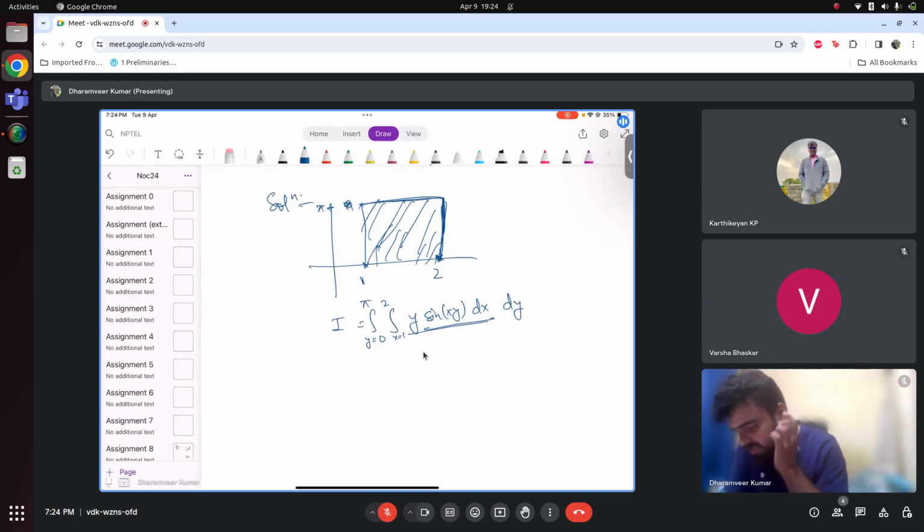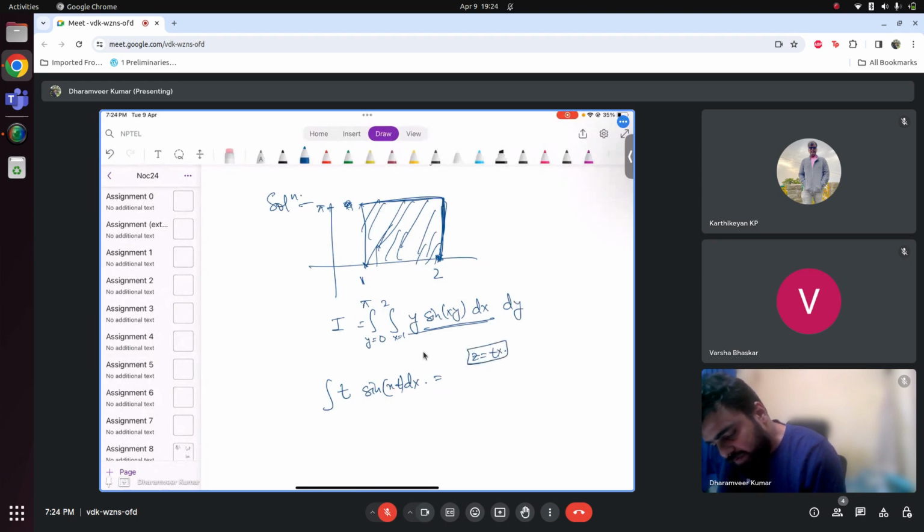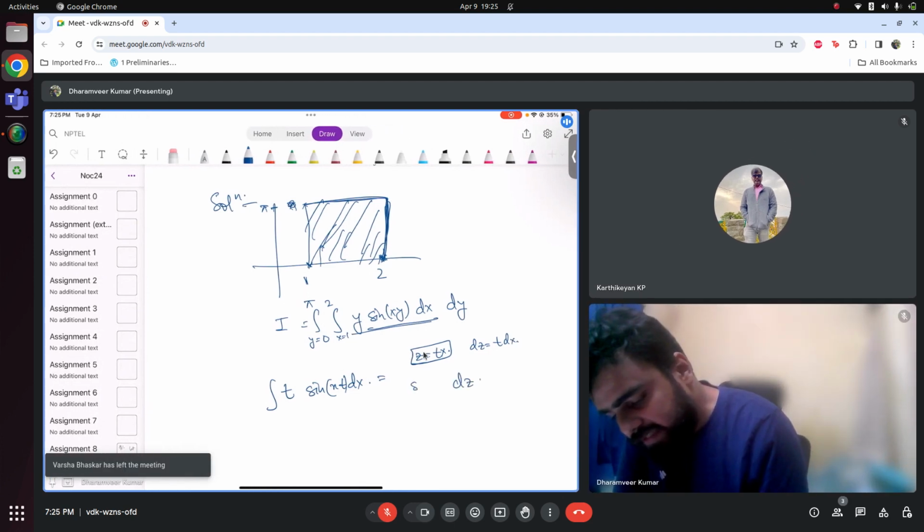So what you can do is simply just, how do you deal with this? Just normal definite integral, how do you deal with this? What you do is, you take z is equal to tx, okay? So then dz is t dx. T dx is nothing but dz, and this is sine z.